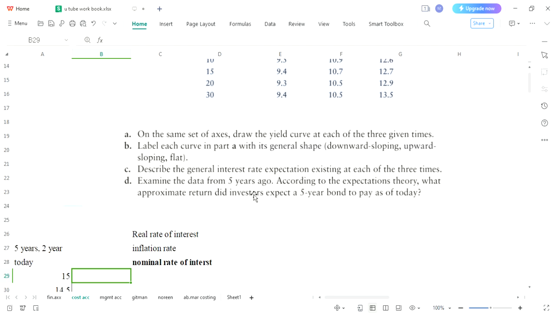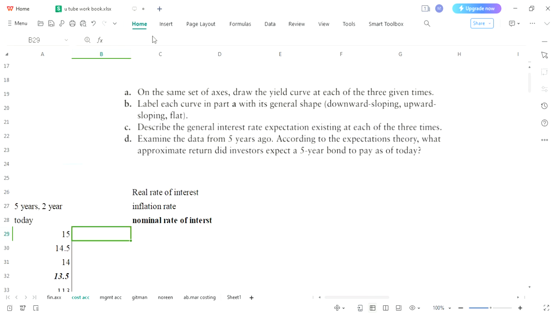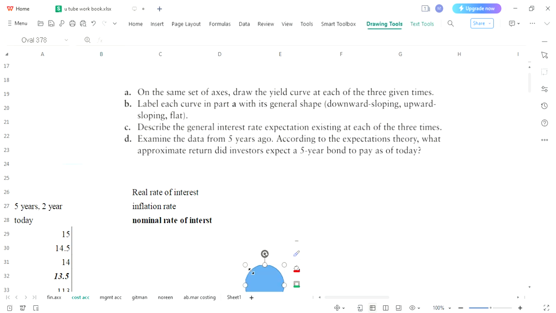So we will draw this graph step by step. First we will choose the 5 years ago rates, and then we will match them with times to maturity. First we will go to 1. Alright, for this we will form the pointer. Here our pointer is, but we will shape it according to our requirement.